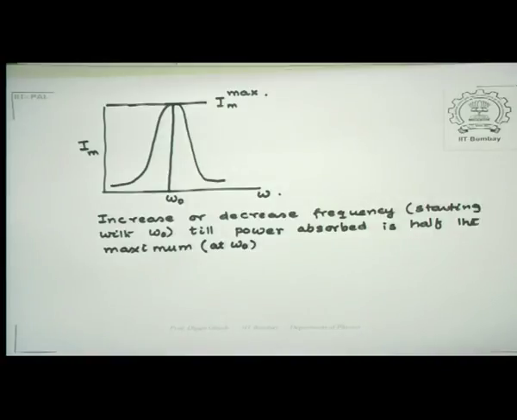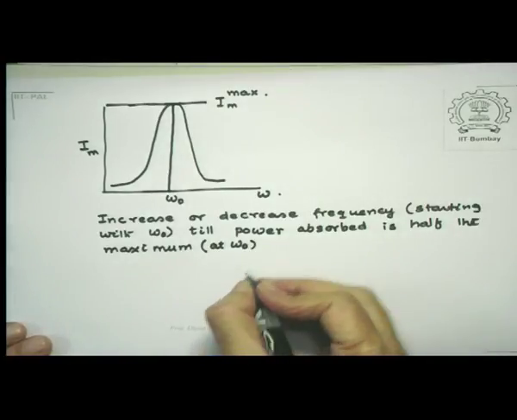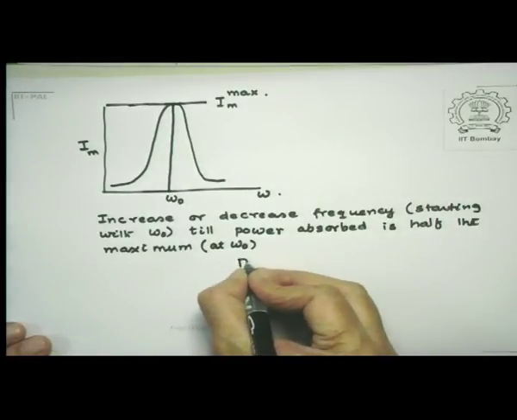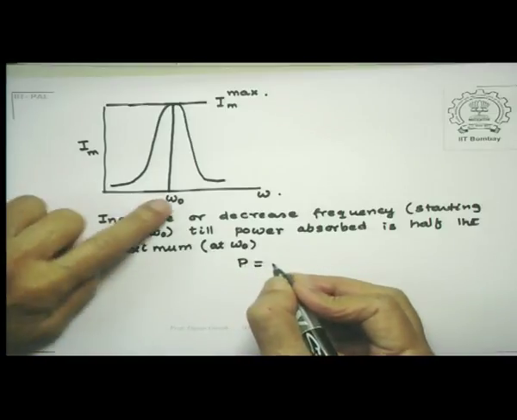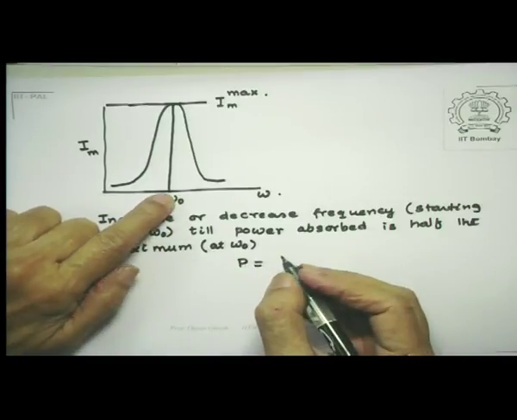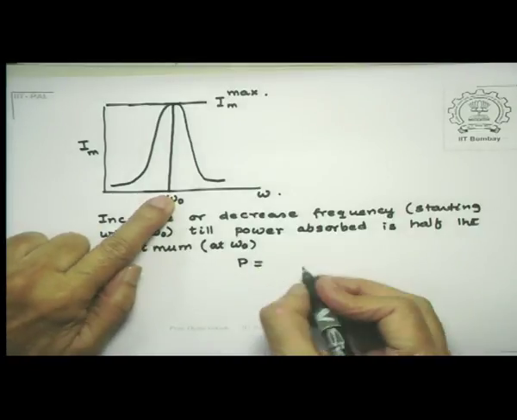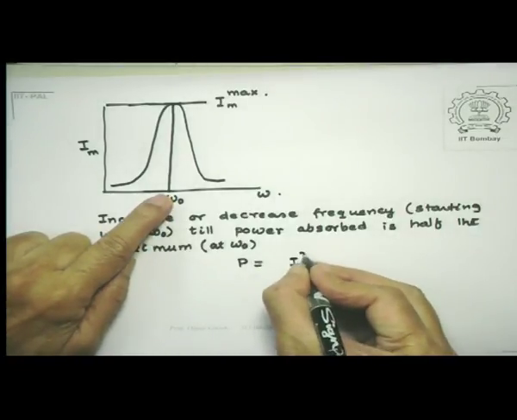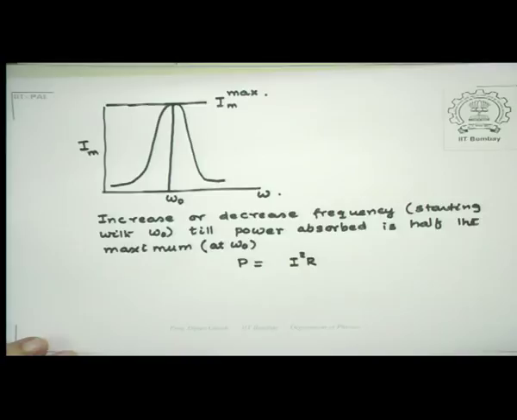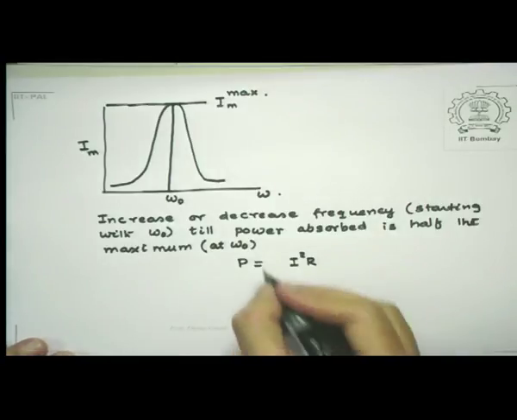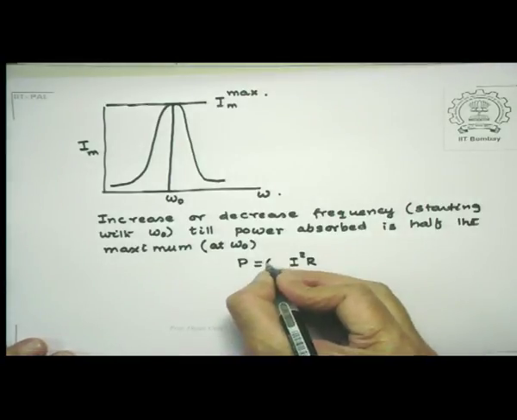Now remember that my power expression at this point, because Z essentially is R, was I square R. Now I want this power to be 50%, so 0.5 times that.